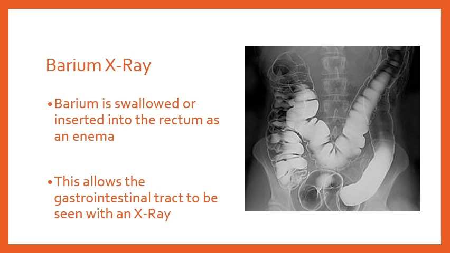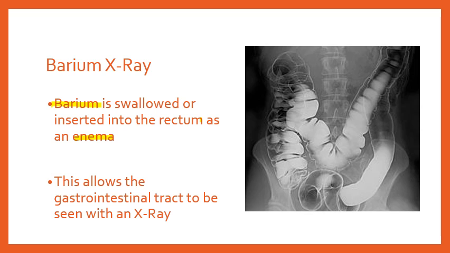Something else we can do is image the intestinal tract. And to image the gastrointestinal tract with an X-ray, we need something to help us image it because it's soft tissue, so it's not going to show up on an X-ray. What we do is we have the patient swallow barium, or sometimes they might get an enema of barium, which means it's inserted in the rectum.